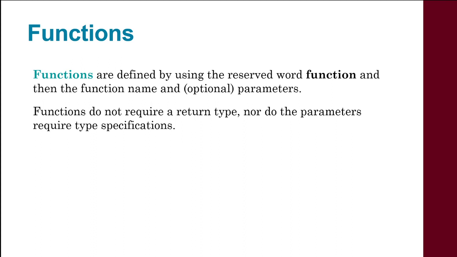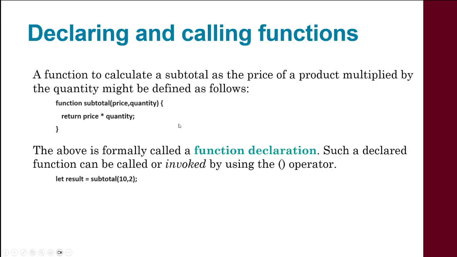Okay, so how do you declare a function? Well, what you do is you have to have the word function, and then you have the name of your function, and then these are what the parameters are. So these are what you're passing through into the function. And then this is what the function is doing. It's returning a value of price times quantity.